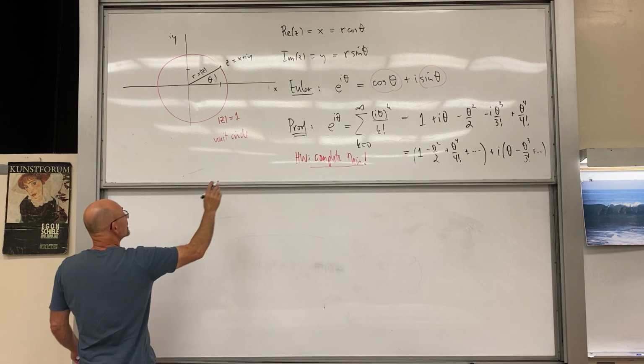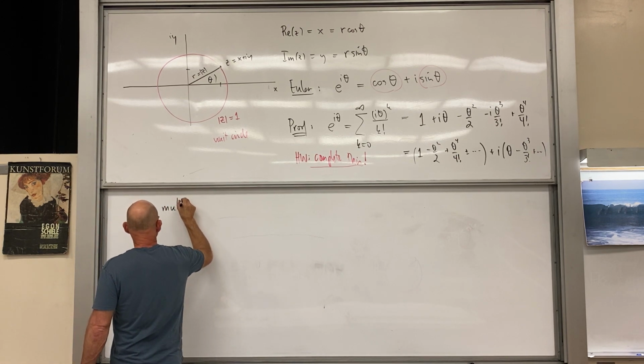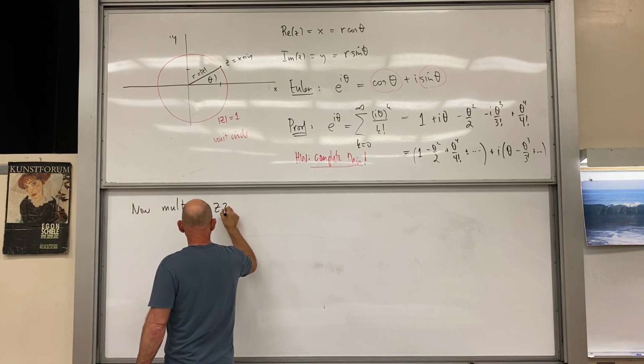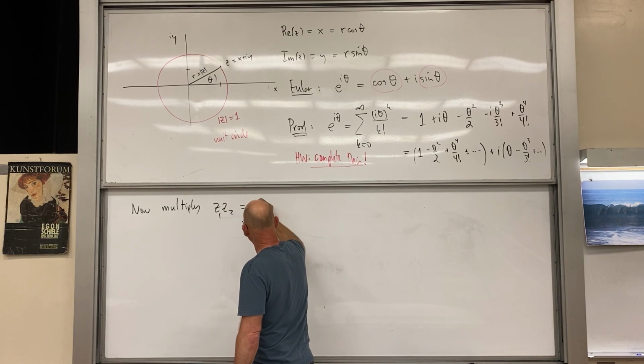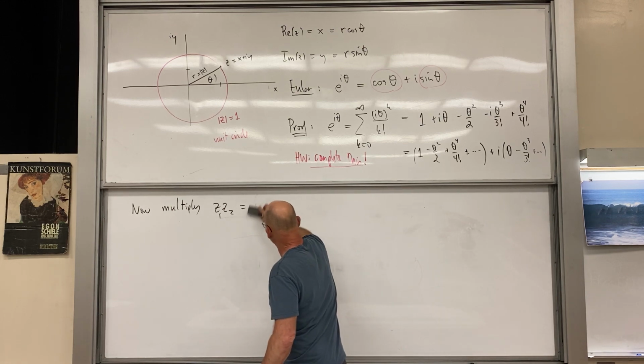So now that we have Euler's formula, multiply z1 times z2. Now we can say that's r1. Well, I'll go ahead and write the magnitudes for the moment.